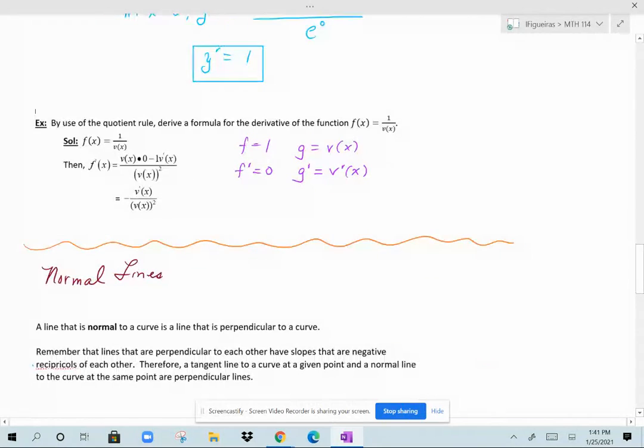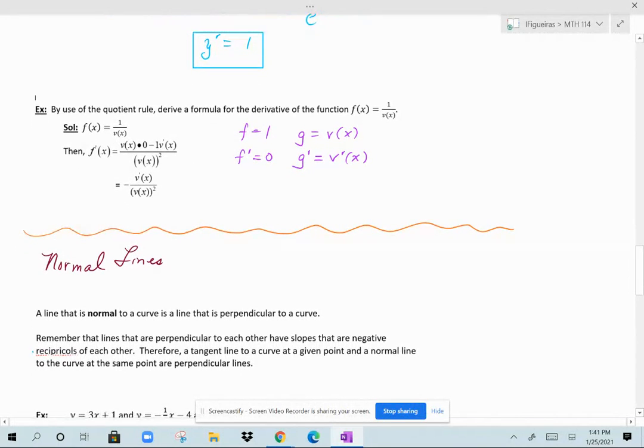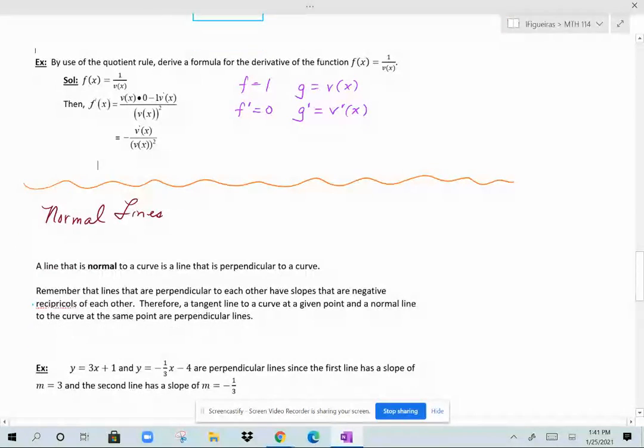Okay, so we've talked a lot about tangent lines, and now we're going to talk about normal lines. A line that is normal to a curve means that it is perpendicular to the curve. And remember that lines that are perpendicular to each other have slopes that are negative reciprocals of each other.